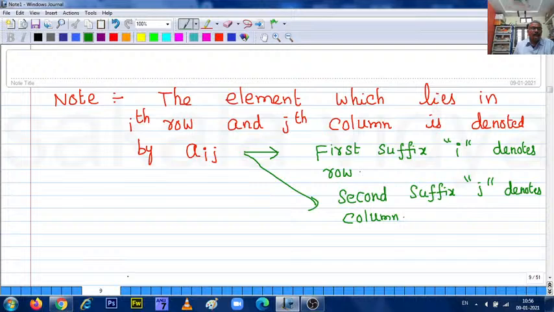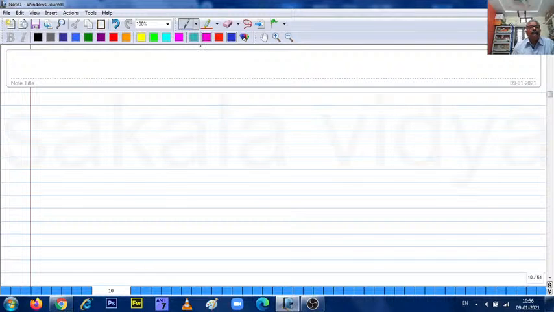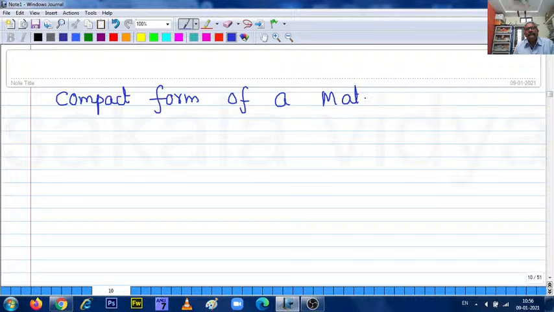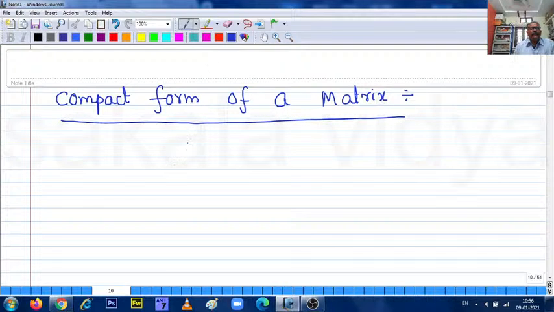So that means now we can write compact form of a matrix. What is the compact form of a matrix means?